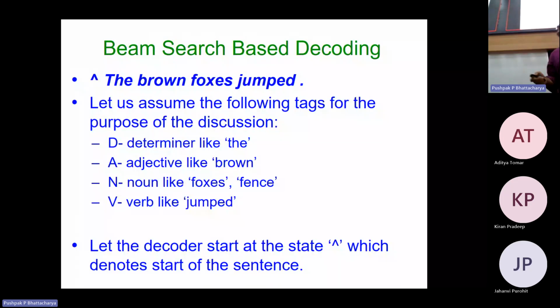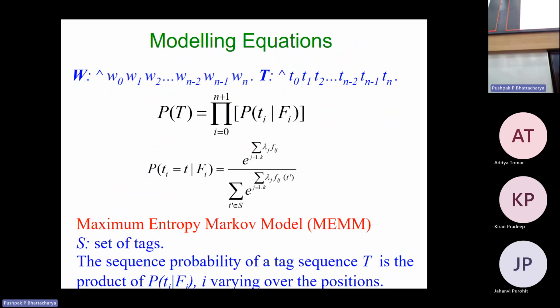Why beam search? We are interested in this probability, where the product of probability of Ti given Fi needs to be computed. Now, at each position, you can have, let's say, k number of tags. So this becomes an exponential search.